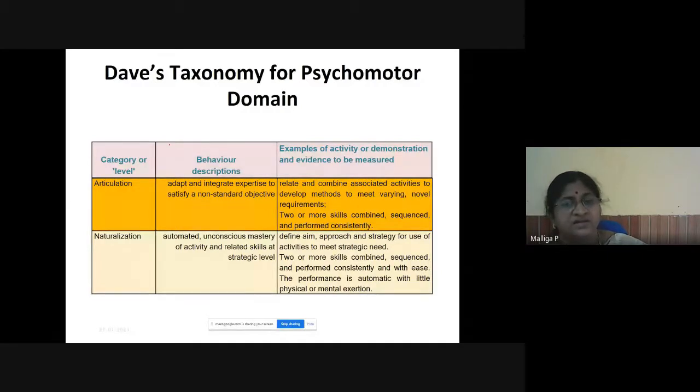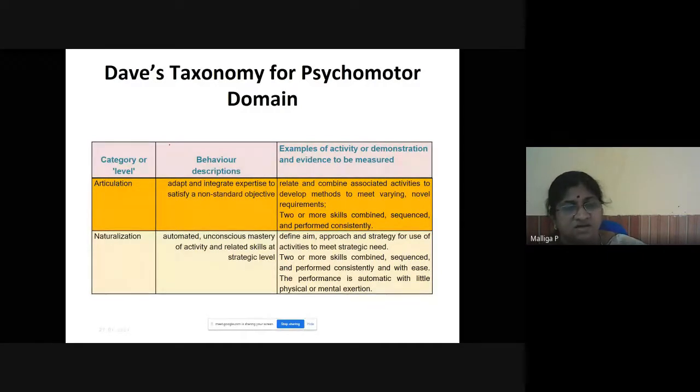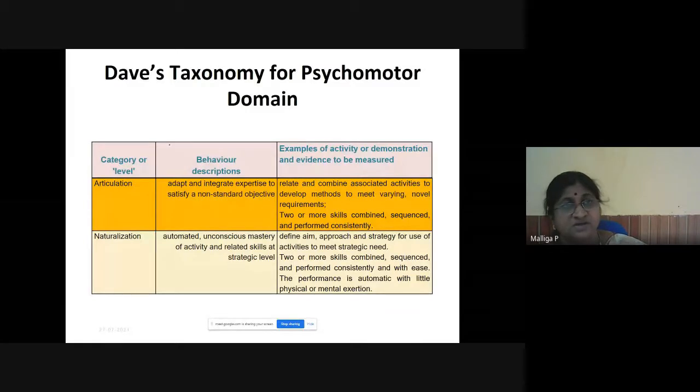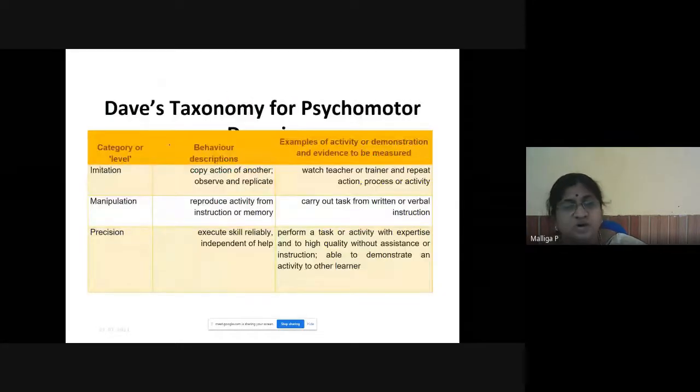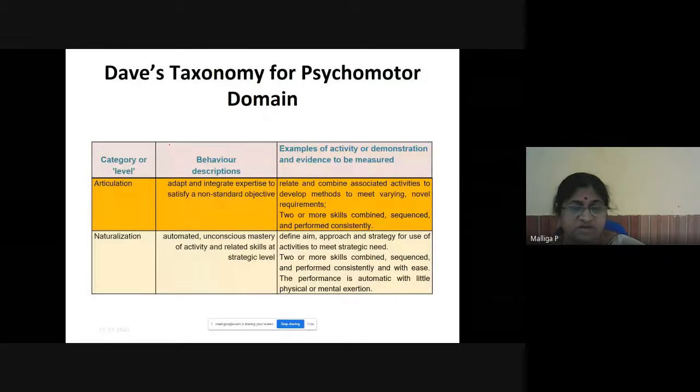Okay, the other thing is non-standard objectives. Articulation and naturalization are beyond that. So that will be excellent or outstanding work. So the minimum is at least the precision level, they should be able to perform. Whether it is cognitive or psychomotor or affective, you have a taxonomy for each one.